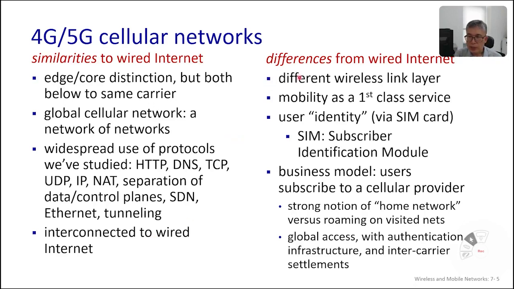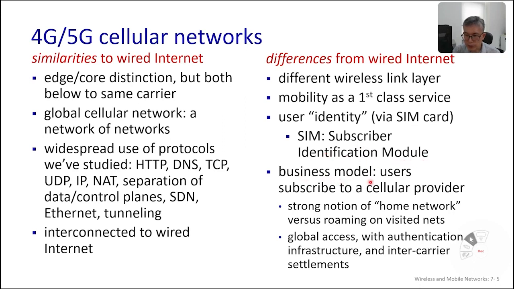The differences from the wired internet: they are using a different wireless link layer. Mobility is a first class service. User identity is identified using a SIM card. SIM stands for Subscriber Identification Module.